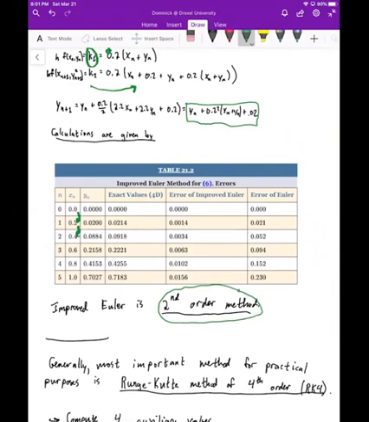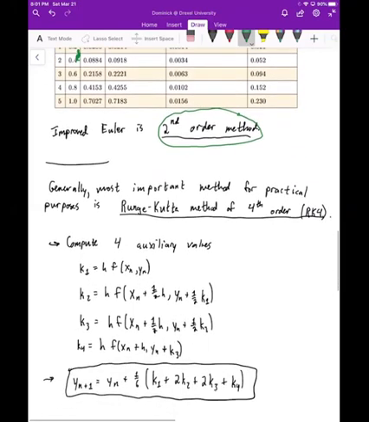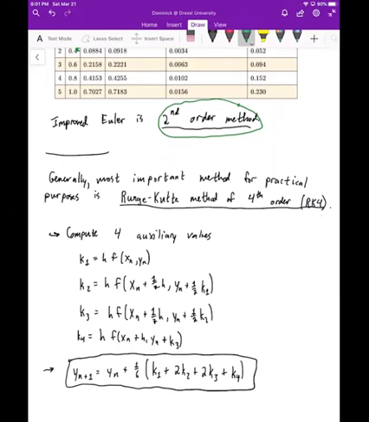But for the most part, improved Euler is still not something that's really used a lot in practice, right? Now, generally, the most important one, or one that seems to be the most important, is the Runge-Kutta method of fourth order, which is usually just called RK4. If you're going to call for it in a programming language, usually it's referred to as RK4.